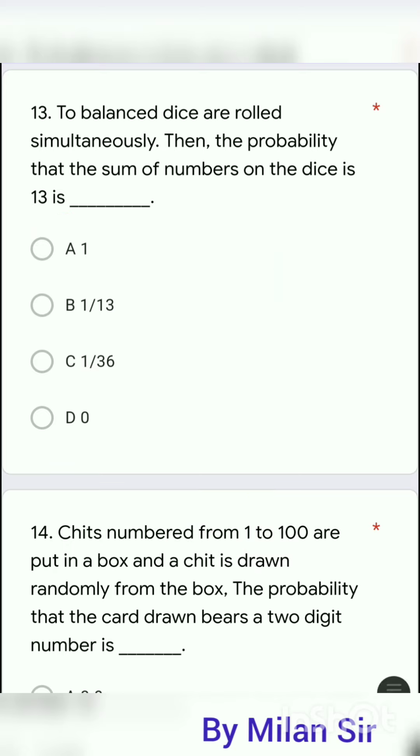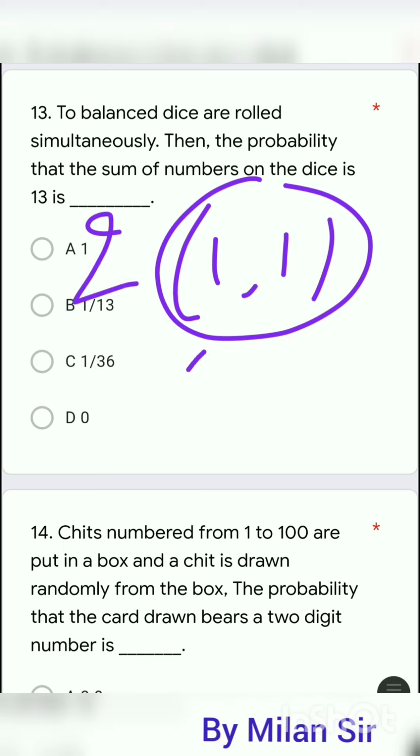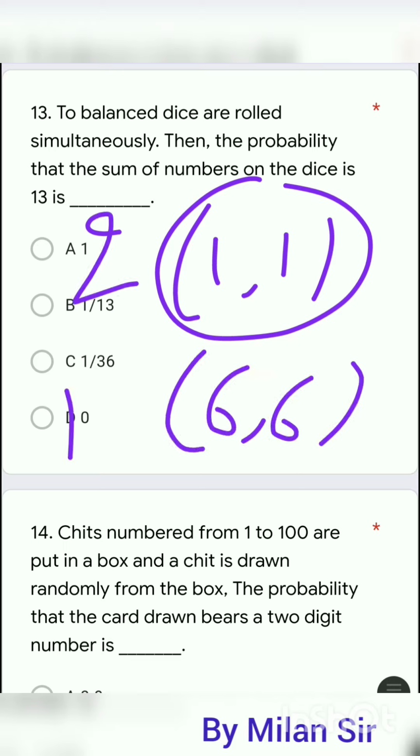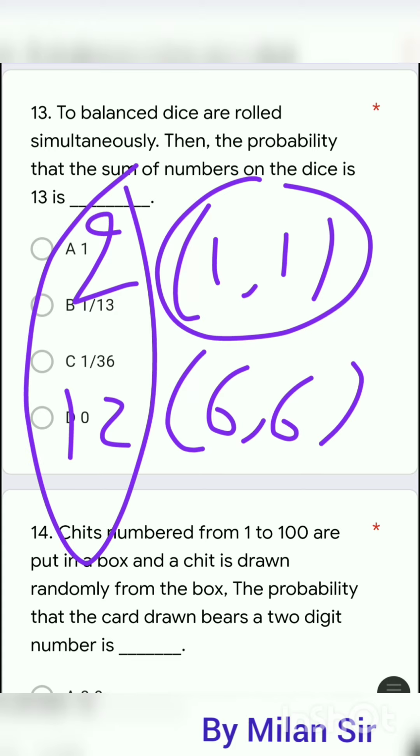If on both dice the minimum number, that means 1, comes, then the addition is 2, and if the maximum number comes, then 12. So the sum of the numbers on two dice always lies between 2 and 12. It cannot be less than 2, it cannot be more than 12, but here it is given for the probability for 13.